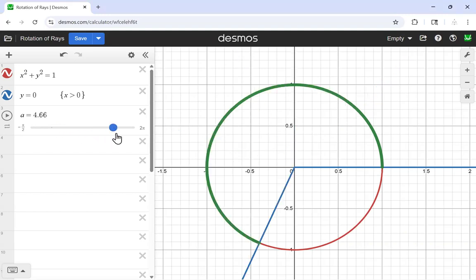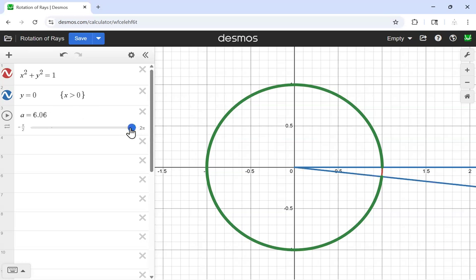If I go all the way out to 2 pi, the length that we've traveled around that circle is the same as the 2 pi radians times the radius of that circle. Now, in this case, our circle happens to be radius 1, so it's 2 pi.